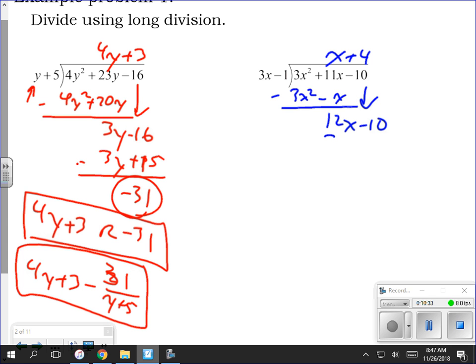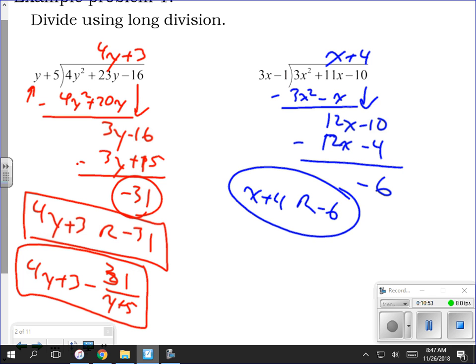Multiply times 4. So that gives me 12x minus 4. And then I subtract negative 10 minus negative 4. That's negative 6. So my answer is x plus 4 with a remainder of negative 6.